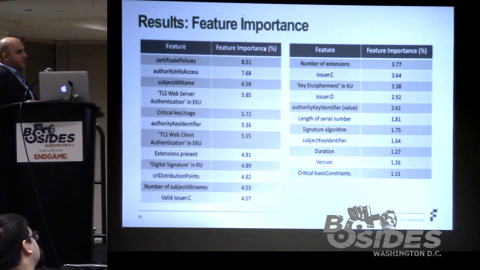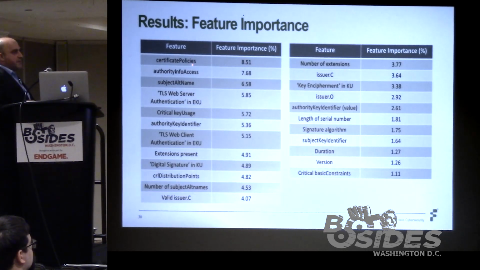This is the feature importance percentage. This is what we get from the random forest classifier. What I'm showing here are the features that have importance higher than 1%. This is the last one here. Other features have importance lower than 1%. And these all add up to around 93%. So this is the bulk. If we look at these features.